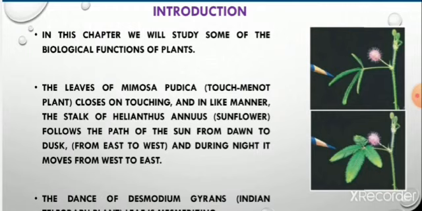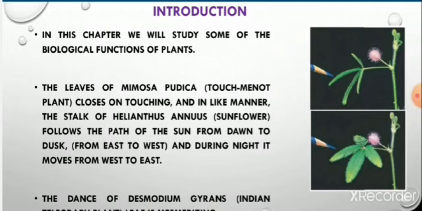And so what happens? When the water moves out of the leaves, from the leaf cells, the cell loses its turgidity. What do you mean by turgidity? It is because of a pressure called turgor pressure.